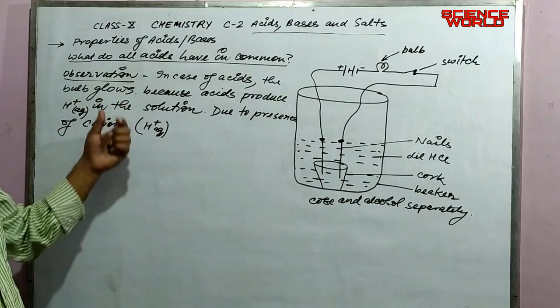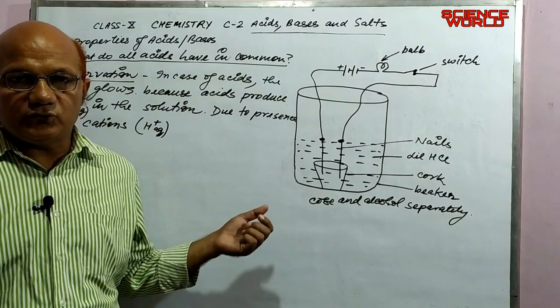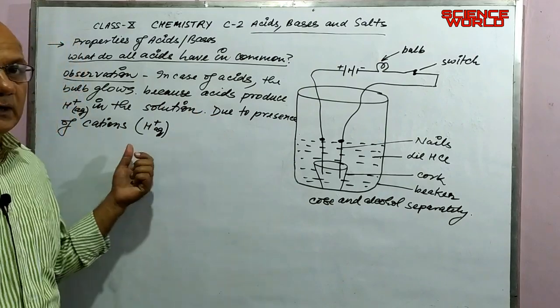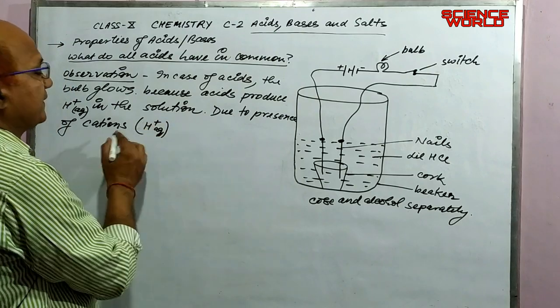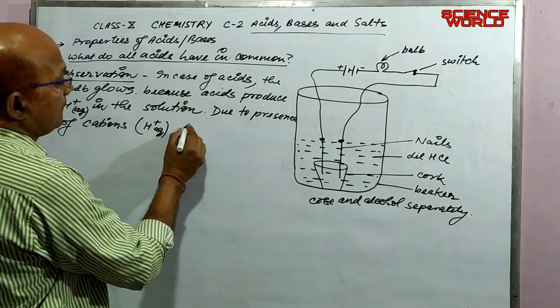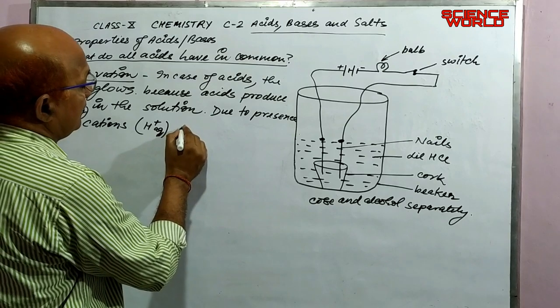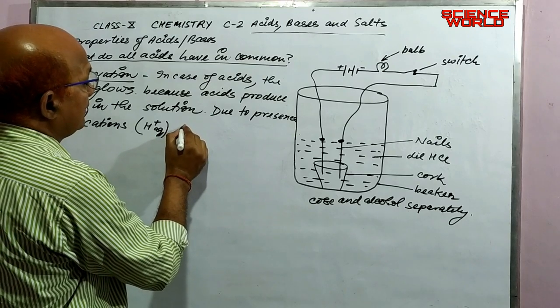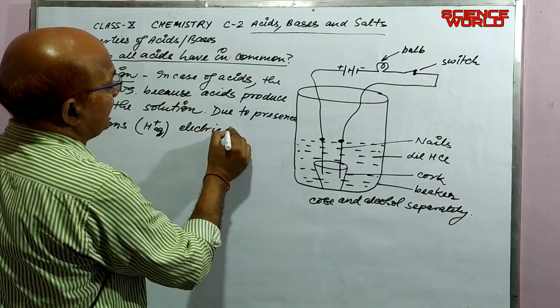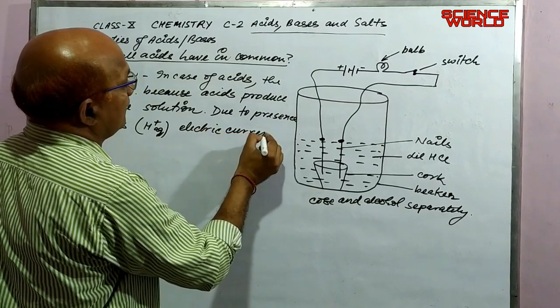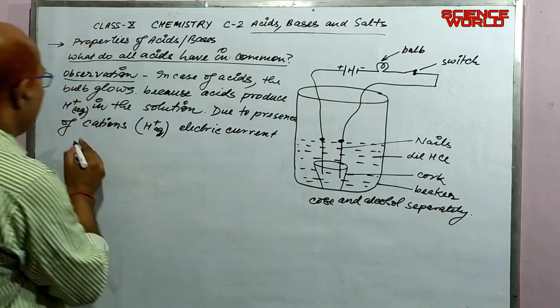Actually, hydrogen ions which are produced in the solution are cations, positive ions, and due to presence of cations, electric current flows.